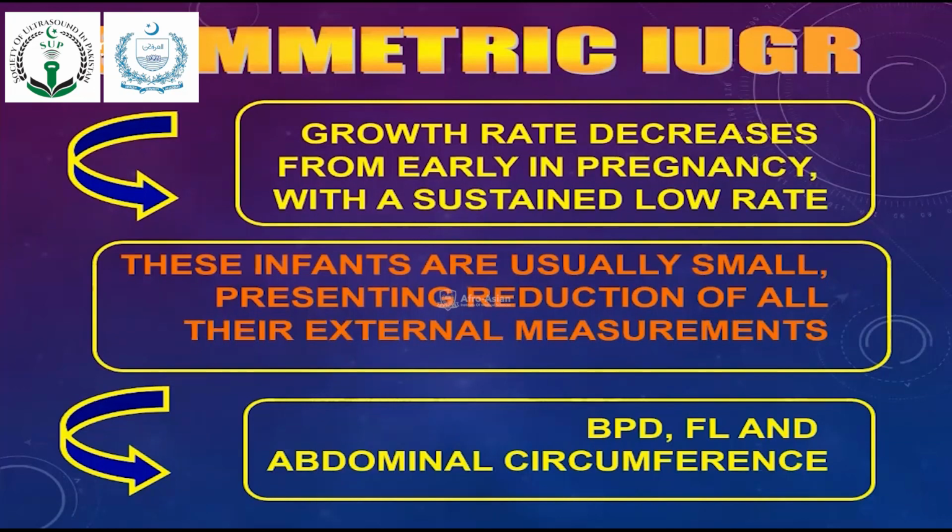In symmetric IUGR, growth rate decreases from early in pregnancy with a sustained low rate. So the rate of growth is decreased.